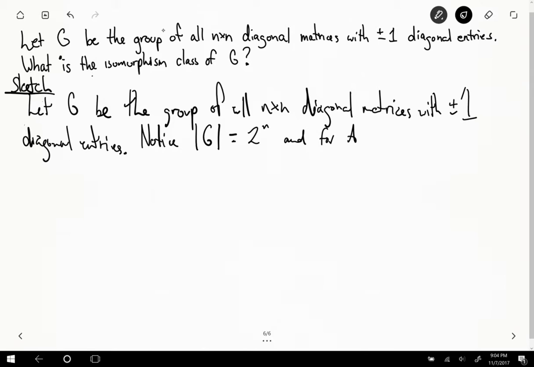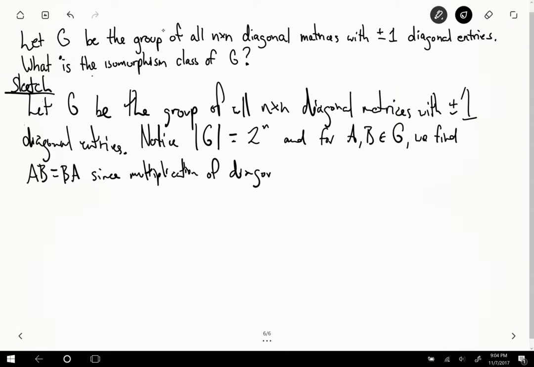And for A and B being matrices in this G, we find AB equals BA, since multiplication does not commute in general, but here the fact that they're diagonal matrices gives it.